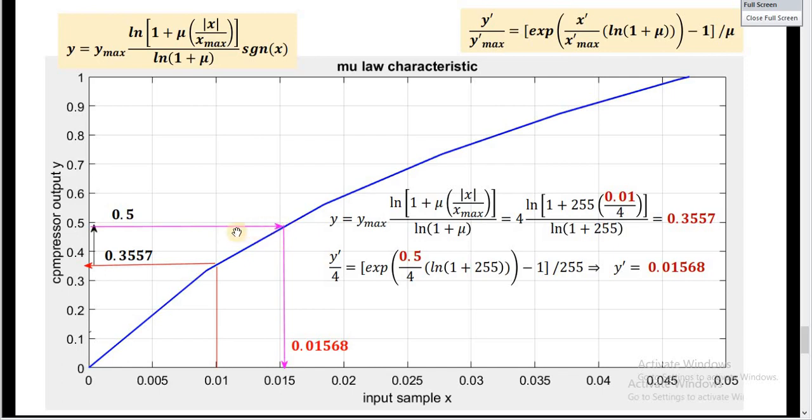We apply it to this inverse characteristic, and what we obtain is 0.01568. So this is the characteristic at the transmitting side. This is the compressor. The output is 0.3557. The inverse characteristic, the expander at the receiving side, gives 0.01568. We can clearly see the improvement in the signal to quantization noise ratio.